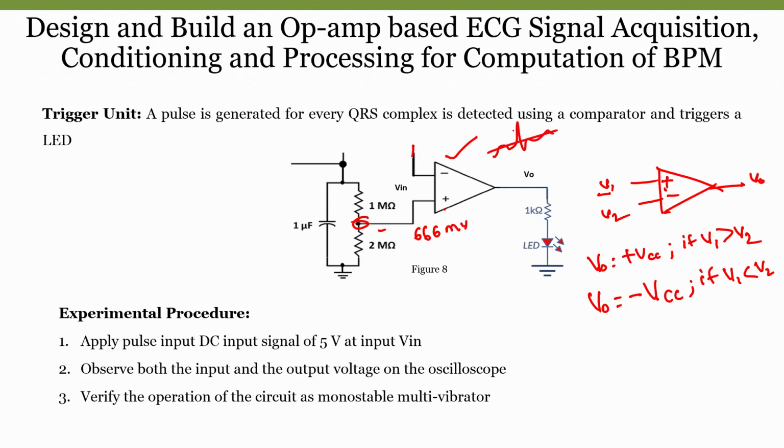When we pass that, we will get a peak only when this input is greater than this value. So, when the input signal is greater than 666 millivolt, then we will get a peak value pulse. Now, we will see whether we are getting it or not.